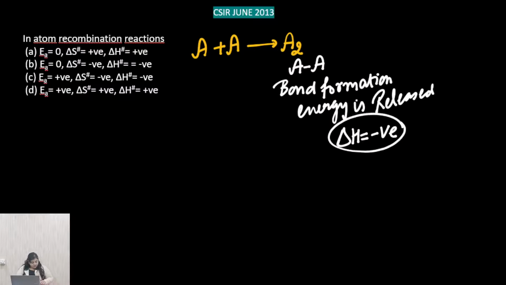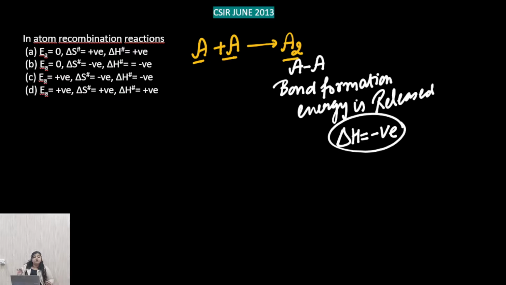Next, you see here two of the atoms A and A are combining and a new molecule is being formed. Initially two species are present, and after the reaction, one species is present.